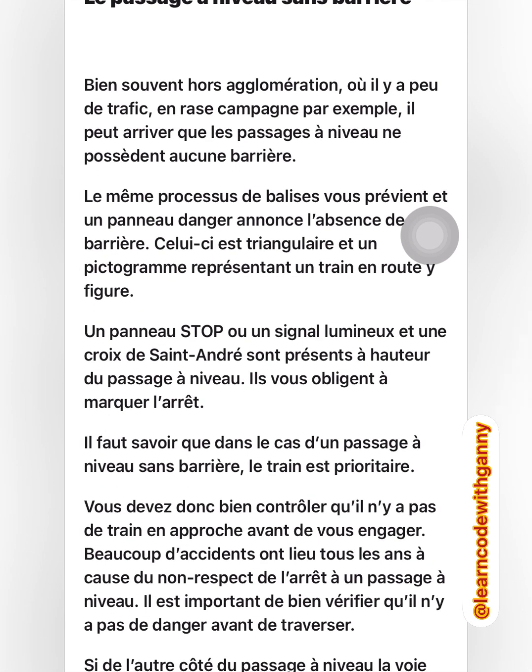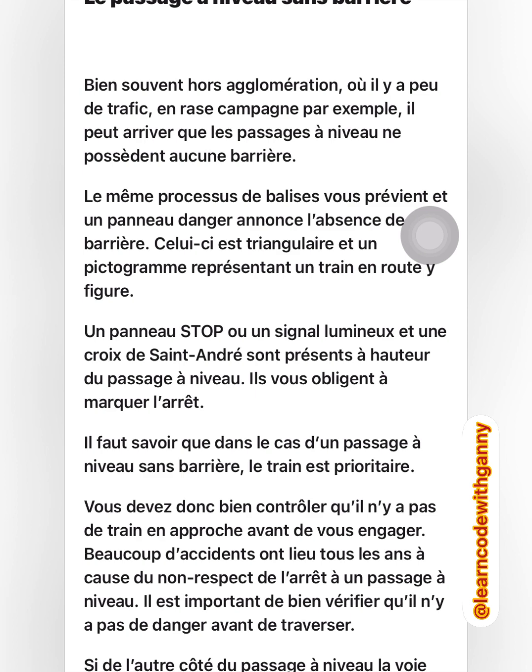The same process warns you, and a danger sign announces the absence of a barrier. This one is triangular with a pictogram representing a train en route, and a stop sign or a light signal are present at the level crossing.